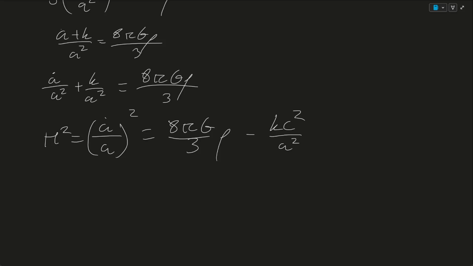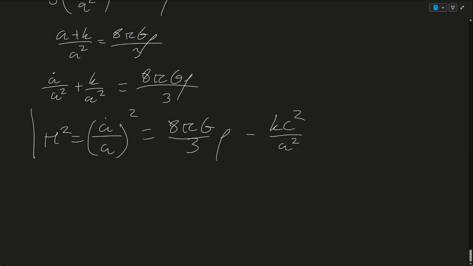The first Friedmann equation relates the expansion rate of the universe to its content of energy, and then its geometry. It's like the analog of the energy equation, which is half a dot squared minus 4 pi G rho a squared over 3 is minus k over 2. Essentially, half a dot squared is our kinetic energy, and 4 pi G rho a squared over 3 is our potential, and minus k over 2 is the total. So that's essentially what we've got there.